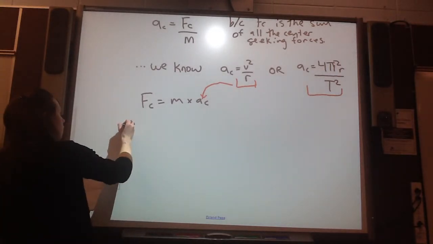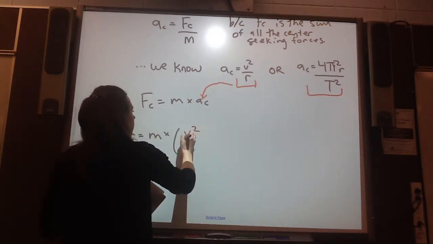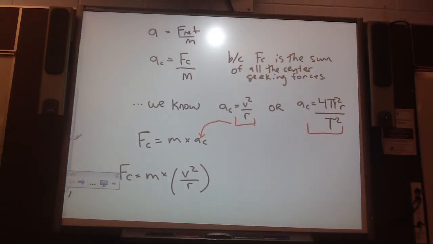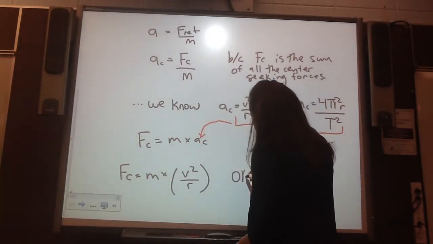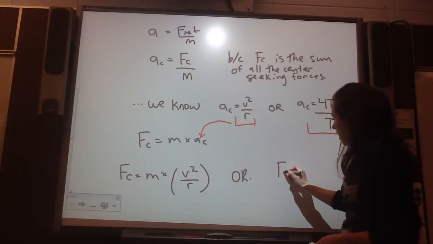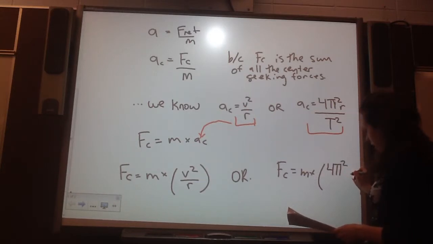So F_c is equal to m times v squared over r, or I could substitute in this formula into a_c, so I could have F_c is equal to m times 4 pi squared r over T squared.